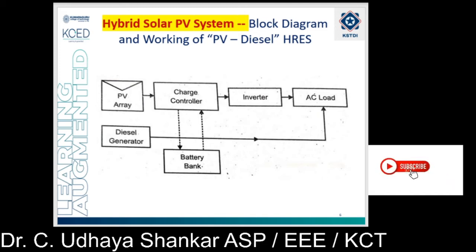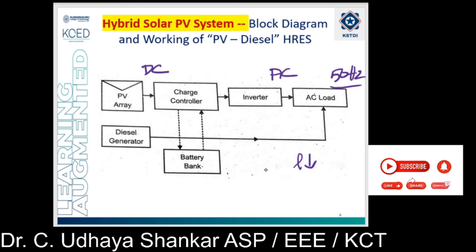Here you can see the PV array through this charge controller. Because the PV array generates DC, this has to be converted to AC using the inverter, because the load is a 50 Hertz AC load. Whenever the load is less, maybe the PV is very high and the load is less, then it will supply both the load and the battery, so the battery will be charging.